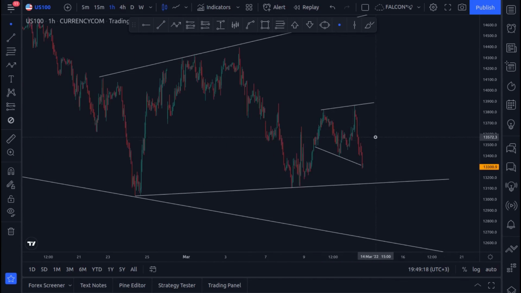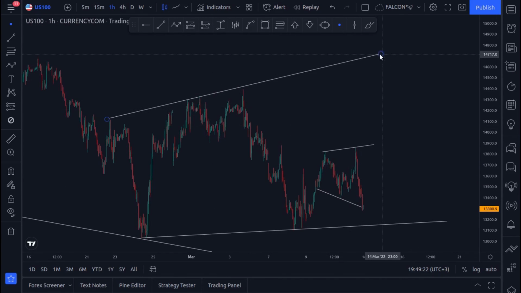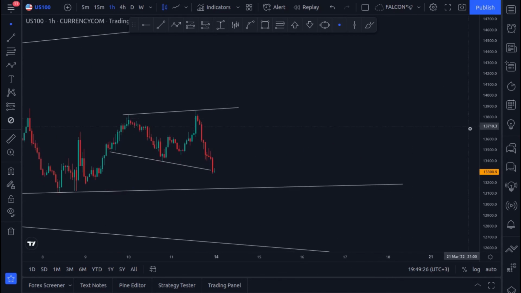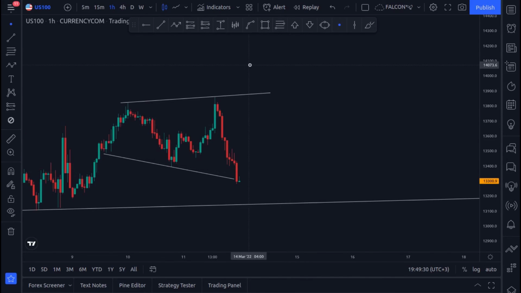So I'll be looking to take this one to the upside when the market opens, because this one is so ready. Or you can just wait for that clear push to the upside. Wait for that 15-minute correction, and then we take it to the upside.